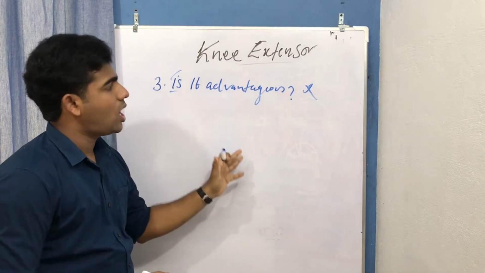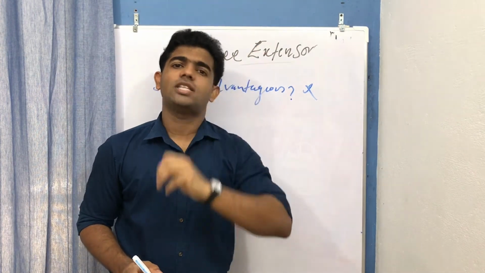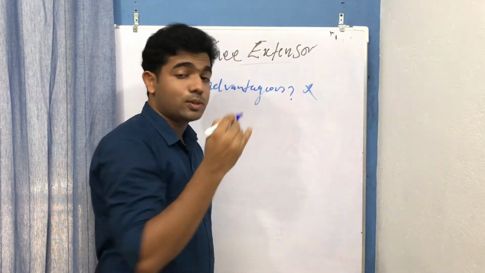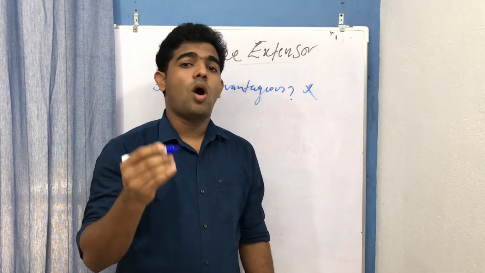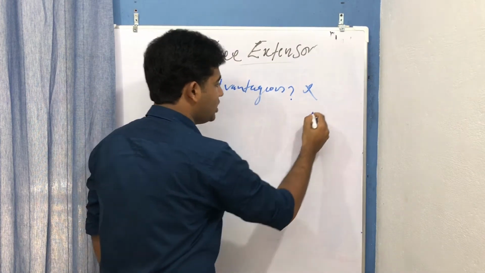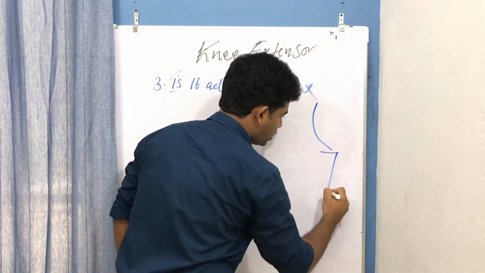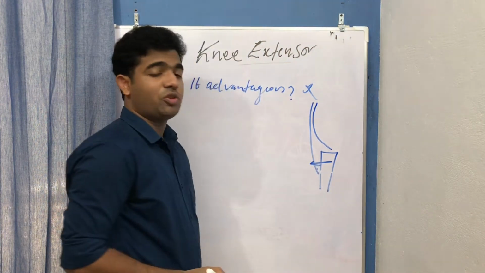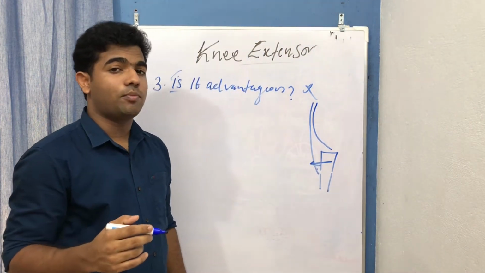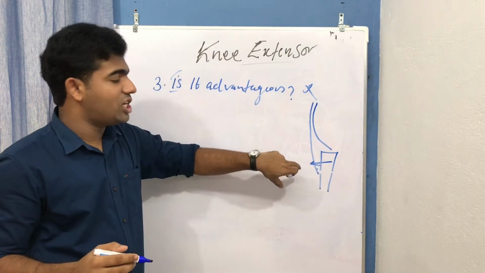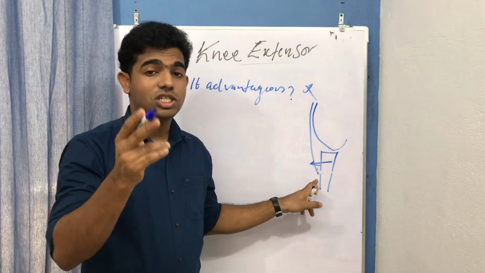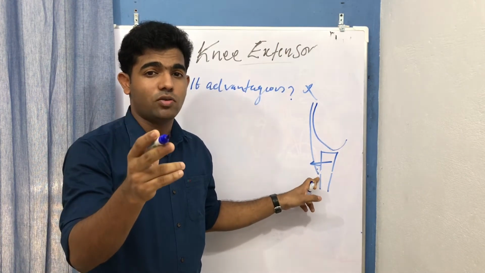Is it going to have some effect on any other structures? Yes, of course. You know that with the quadriceps pull, when the knee joint is going for extension like this, this can produce increased quadriceps activation, which can produce an anterior shear on the tibia, and anterior translation is prevented by which ligament?